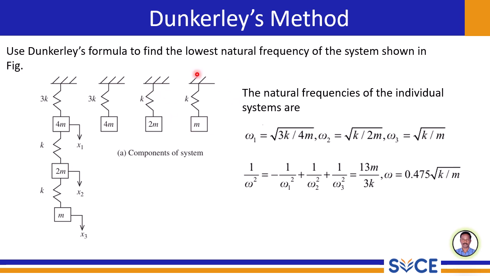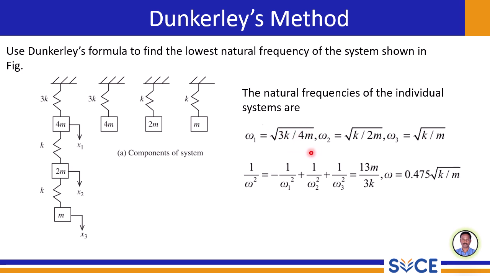For the first mass of 4m, it is supported by 2 springs in series, with stiffness 3K and K. That is, the equivalent spring stiffness will be given by 1 by 3K plus 1 by K. So what we will get is an equation in terms of K by M. So the natural frequency of this individual system will become, since the equivalent stiffness is 3K by 4, omega equal to root of 3K by 4M.